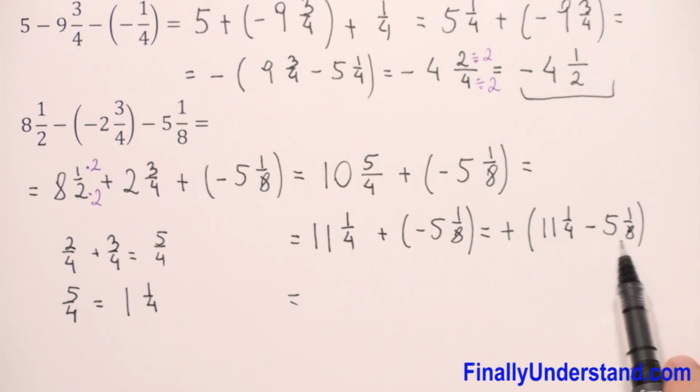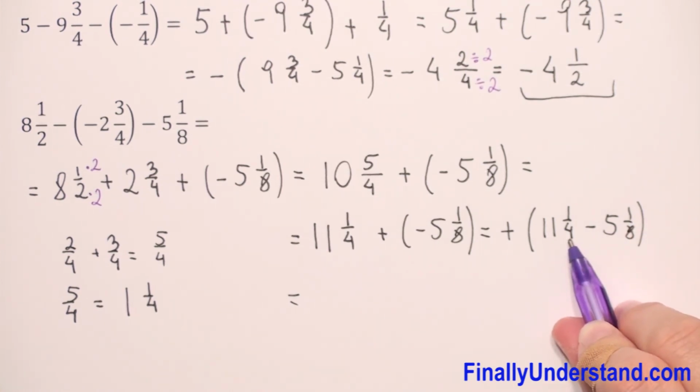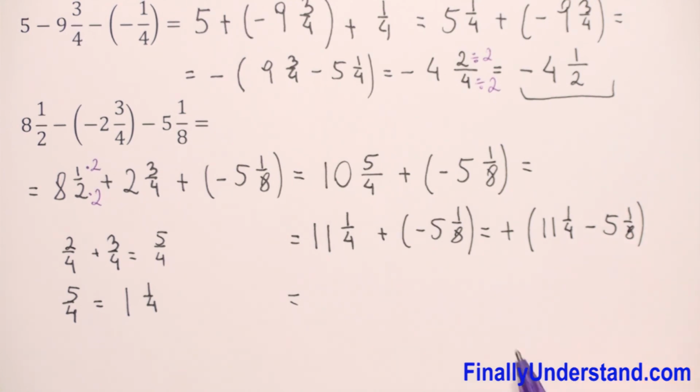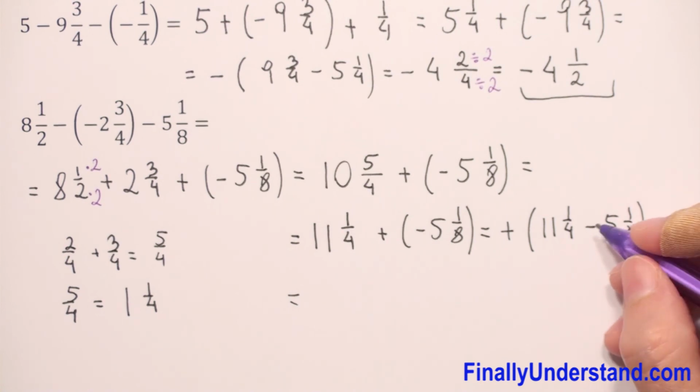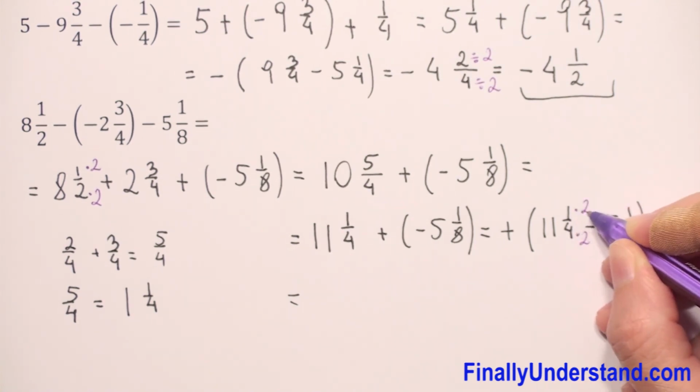We have different denominators. So I will change these two fractions to the same denominator. We have 4 and 8, so the common denominator will be 8. It must be a number which is divisible by the first and the second denominator. So 8 is divisible by 4 and 8, the smallest number, of course. So I need to multiply 4 times 2 to get 8.